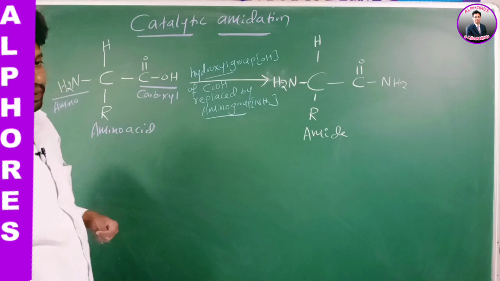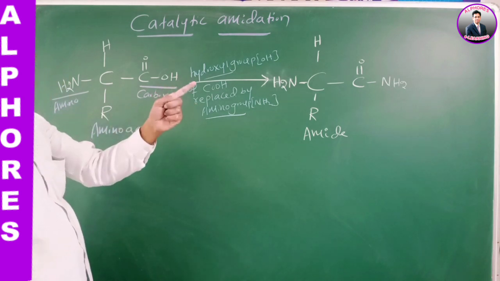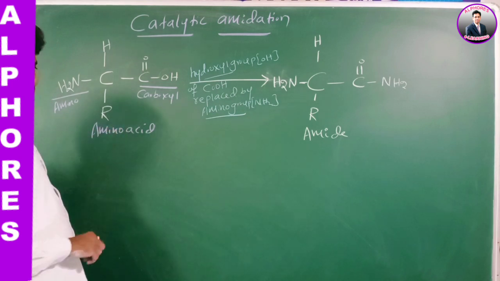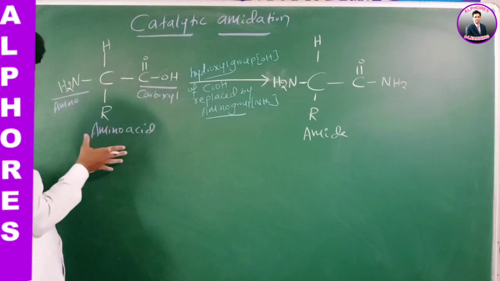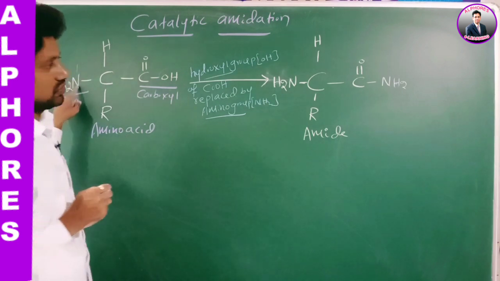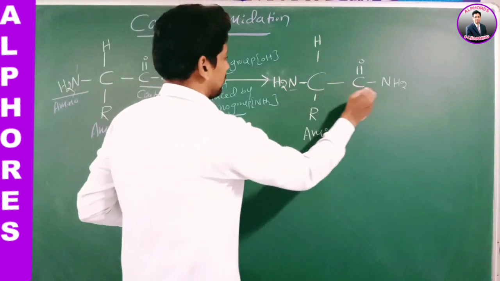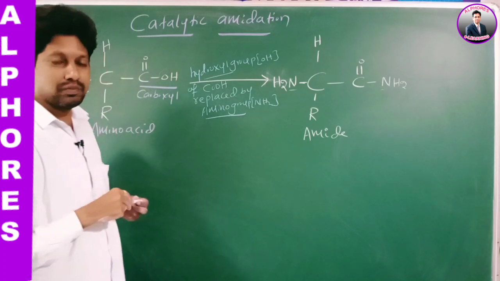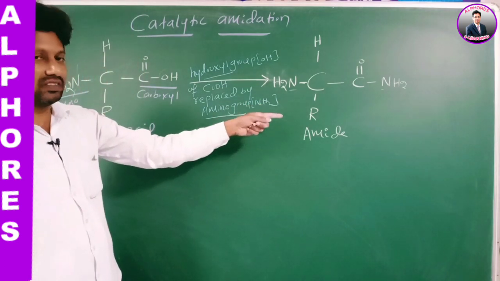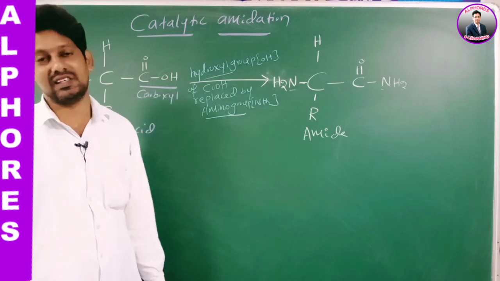Now see this statement. See these two structures once, amino acid and amide. In this amino acid, I am speaking about what I wrote on the board, how many nitrogens are there? 1 nitrogen. Amide has how many nitrogens? 2 nitrogens. It means amides contain more nitrogen than their amino acids.